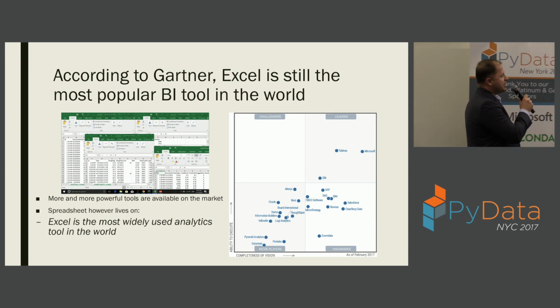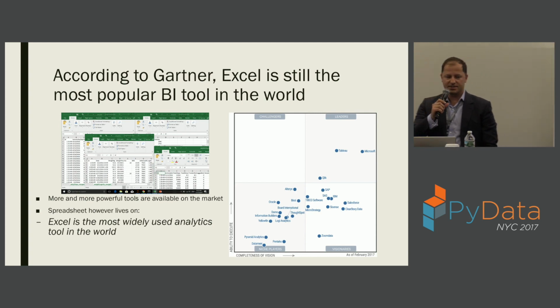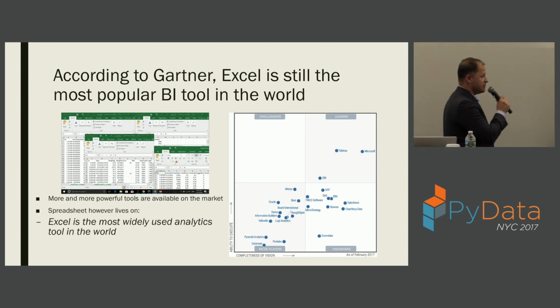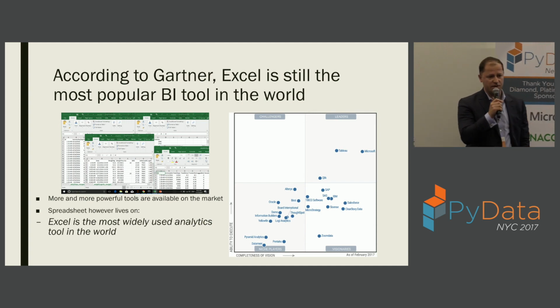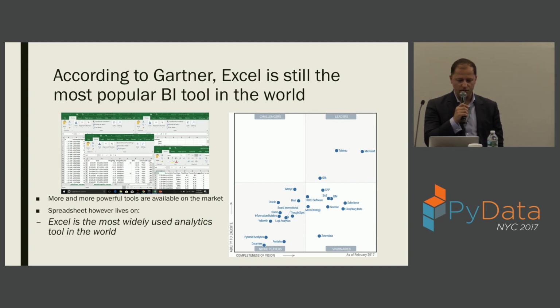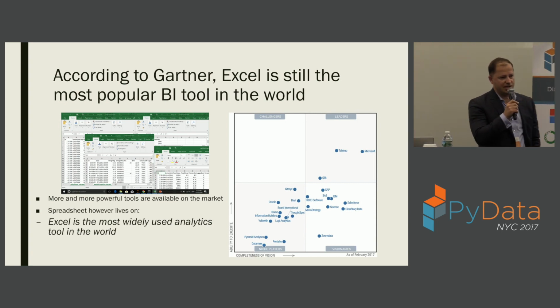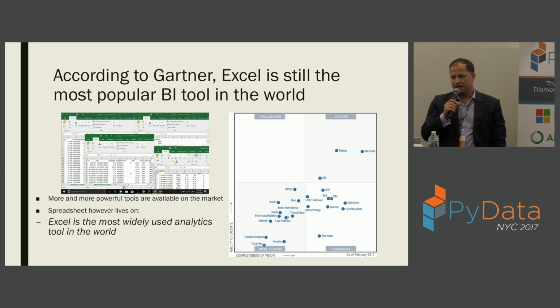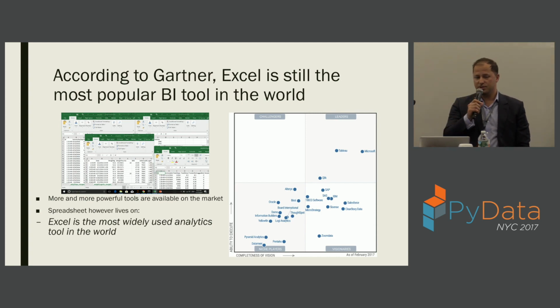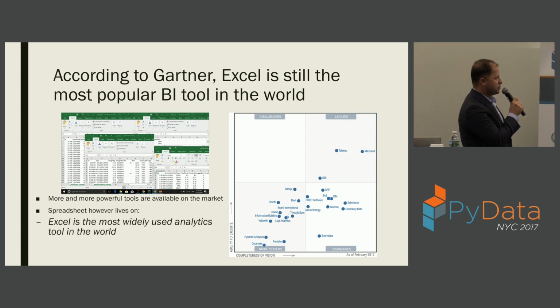Excel first came in as Lotus 1-2-3 back in the 70s. IBM, well, I believe IBM was the first one who acquired the tool, later on acquired the company. However, still to this day, according to Gartner, Excel is the most used, most popular BI tool in the world.